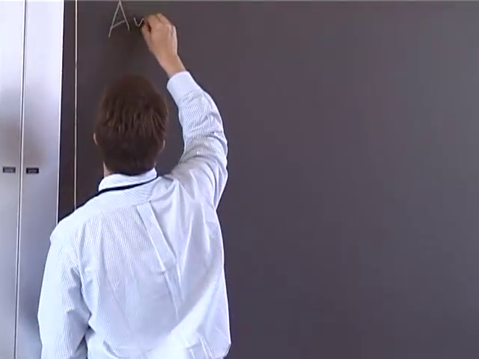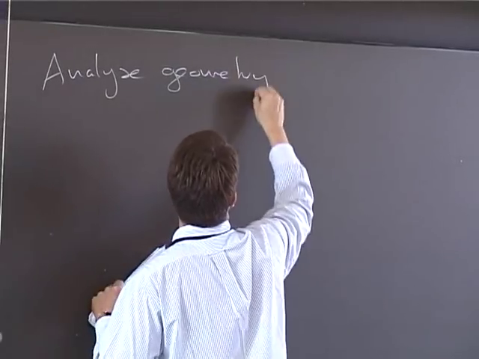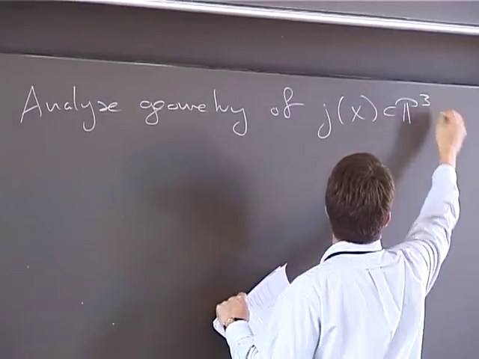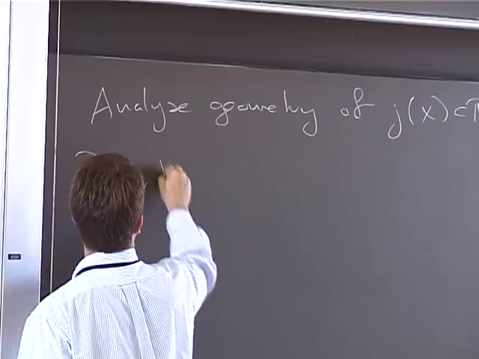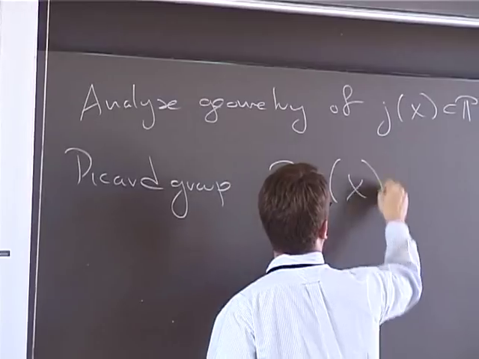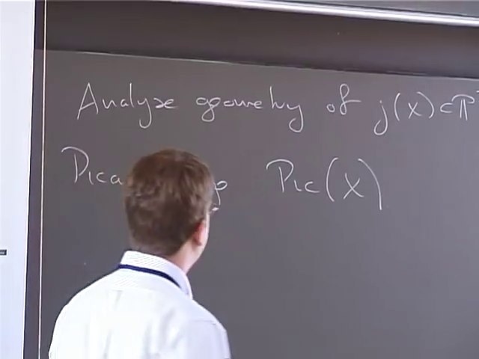Analyzing the geometry of this gives me an excuse to develop some nice and useful notation. So how do we analyze the geometry of J of X? Well, the key ingredient is the Picard group. Let me just remind you the relationship between the Picard group of a blow-up with the Picard group of the original variety.